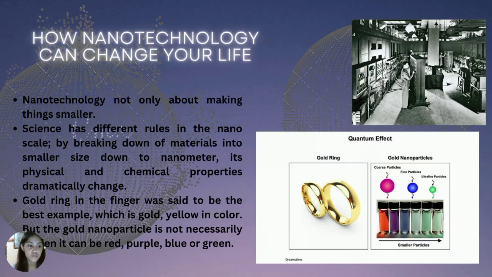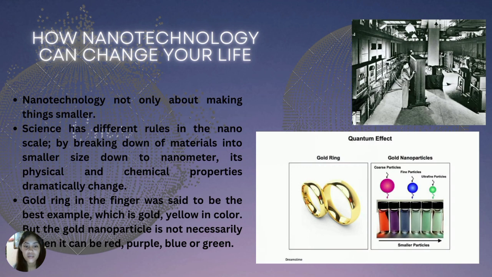But in the third bullet, the ring was said to be the best example, which is gold, yellow in color. This gold ring is not necessarily yellow in the nano world.